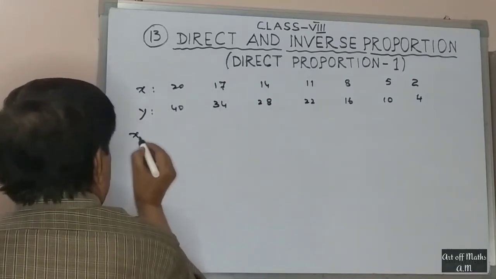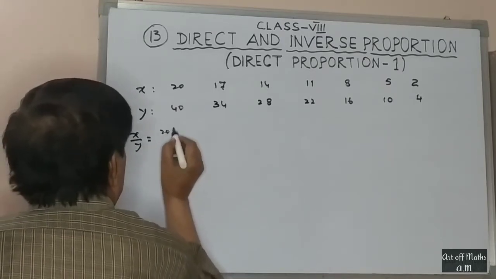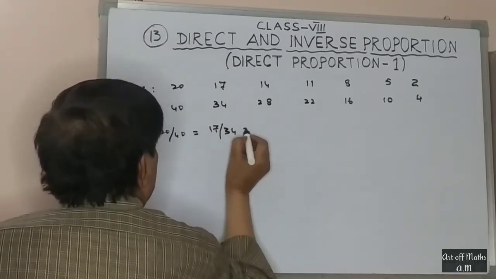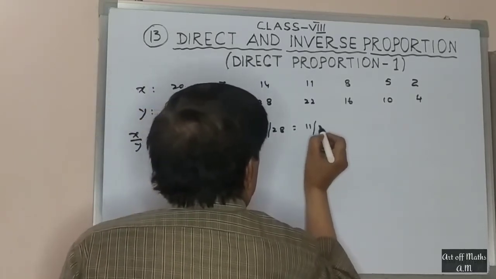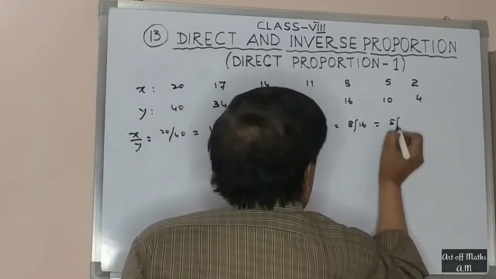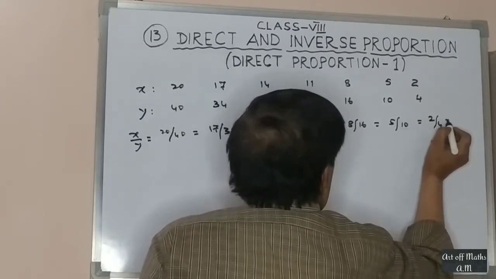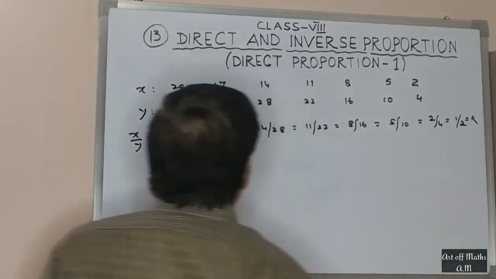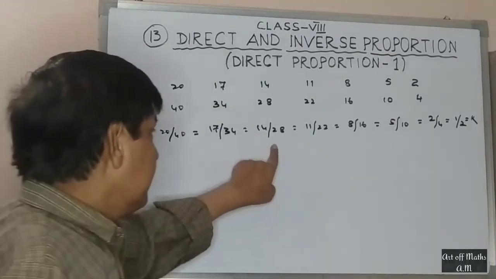Now here x by y equal to 20 by 40, which is equal to 17 by 34, which is equal to 14 by 28, equal to 11 by 22, equal to 8 by 16, equal to 5 by 10, equal to 2 by 4, equal to 1 by 2, equal to k, which is constant. 20 by 40, half. 17 by 34, half. 14 by 28, that is half.